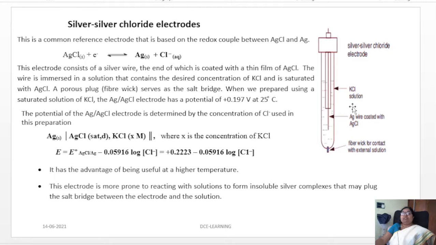We know that it undergoes a reduction, then it becomes 0.223 here, then minus 0.059 log of the concentration of the chloride ion here. So it has the advantage of being useful at a higher temperature. This electrode is more prone to react with the solution to form insoluble silver complexes that may plug the salt bridge between the electrode and the solution.